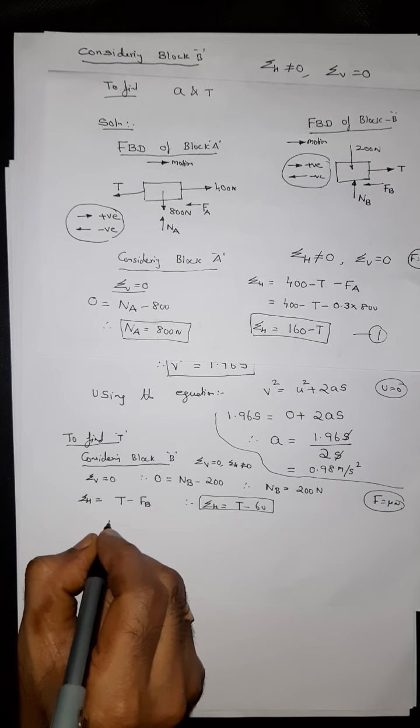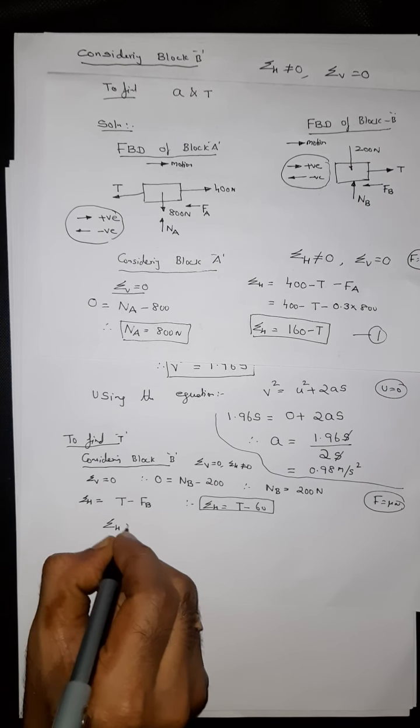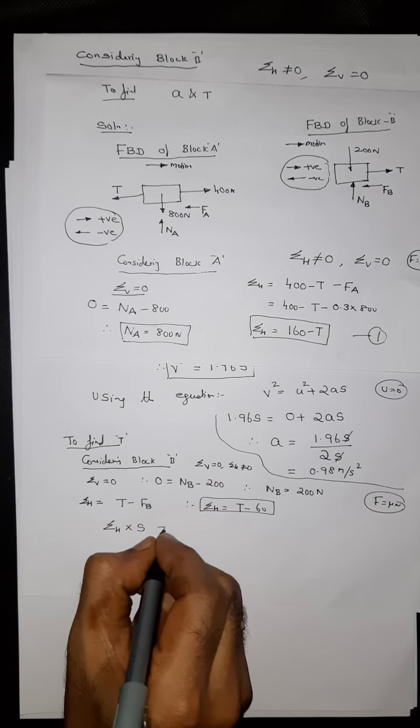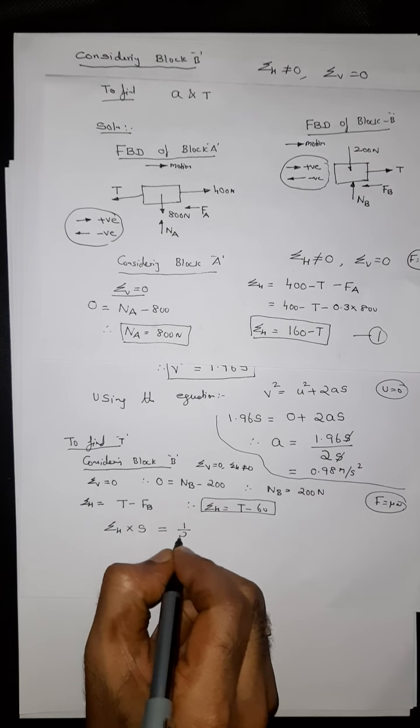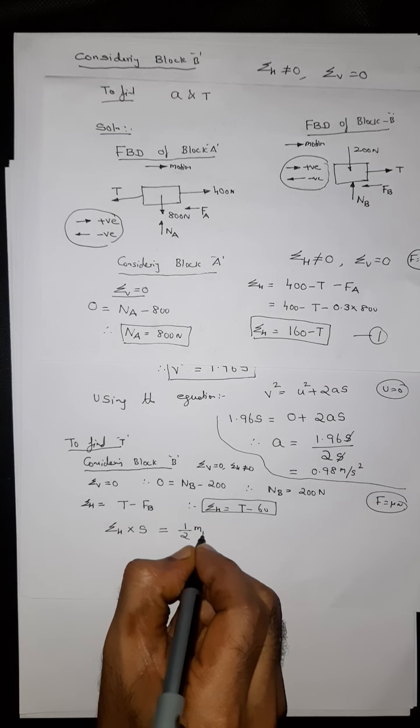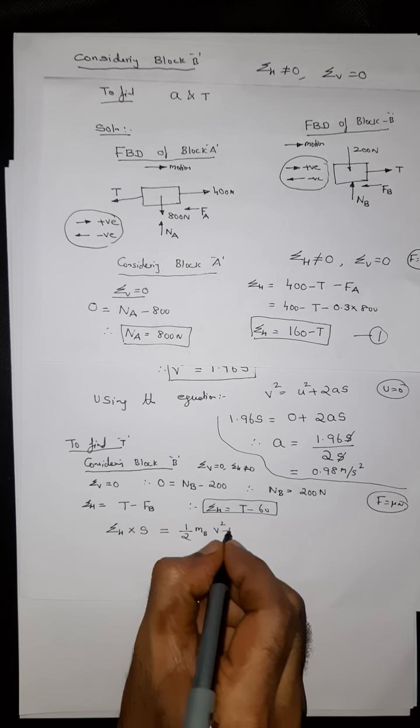Work energy principle: summation H into S equal to half MB into V square minus U square.